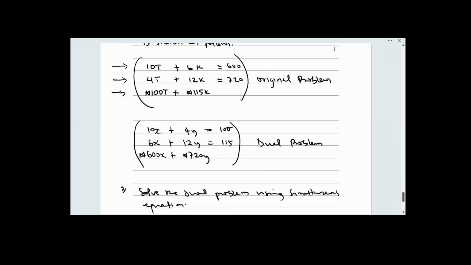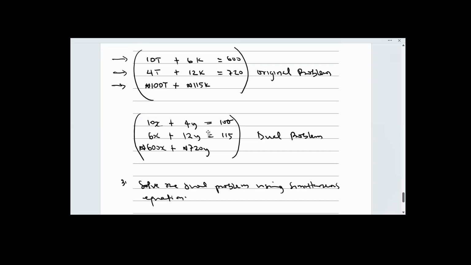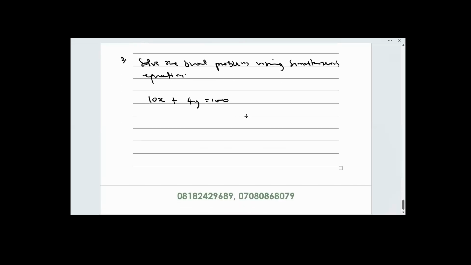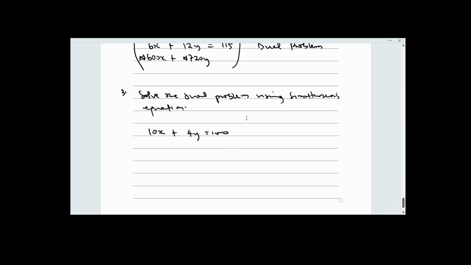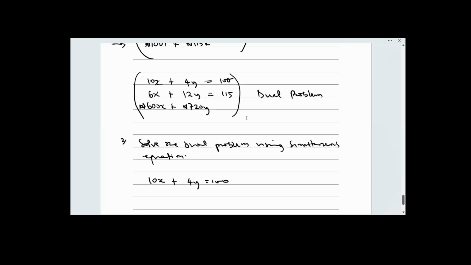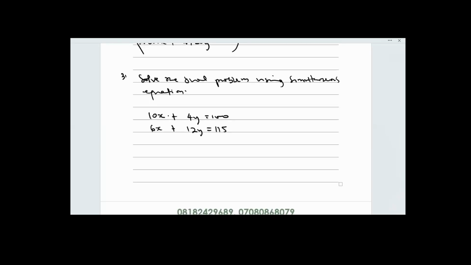Our contribution before has turned to capacity, and capacity that we have before has turned to costs, has turned to the objective function. So 10x plus 4y equal to 100, then 6x plus 12y equal to 115. Okay, so this is equation 1, equation 2.